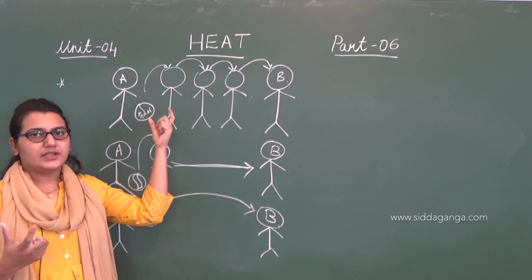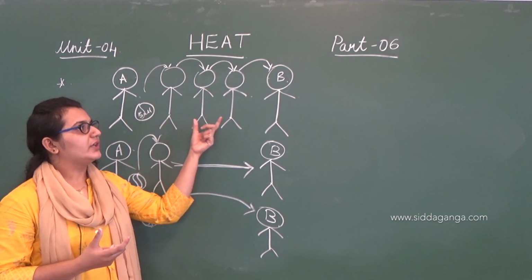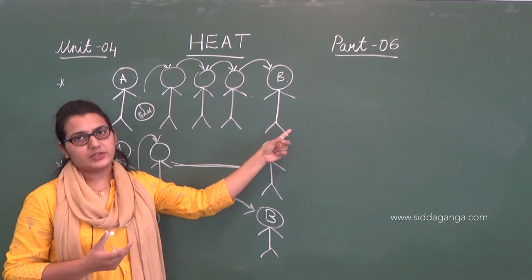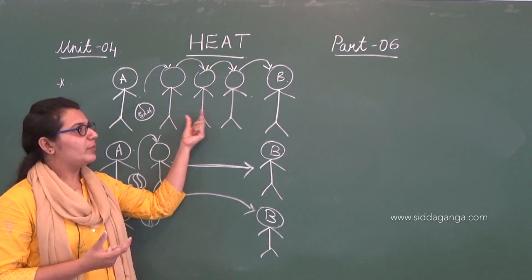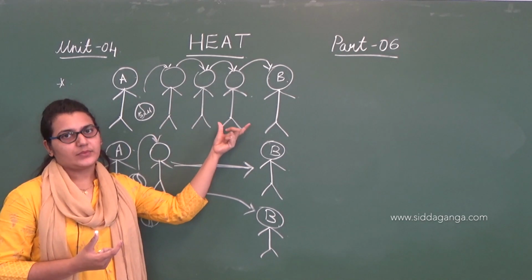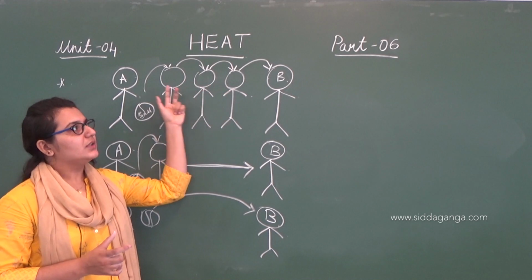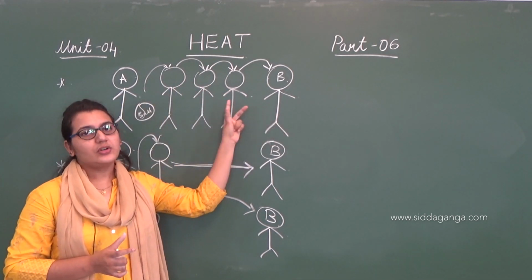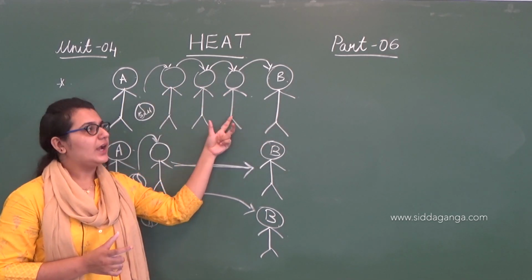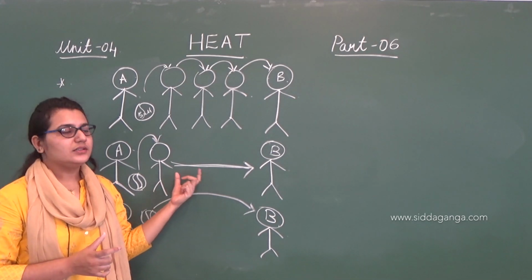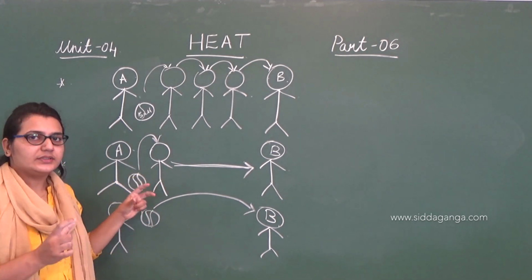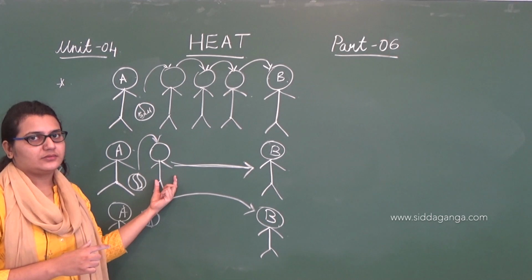Let us take this ball as heat. There is a transfer of heat from one object to the other without movement of particles. There is only movement of heat, only heat passes from one end to the other, not the particles. And here there is a transfer of heat with the movement of particles.